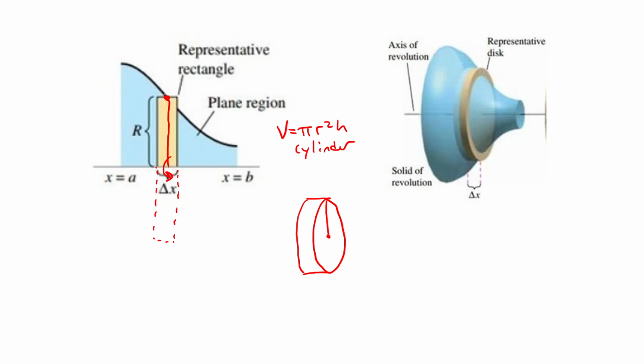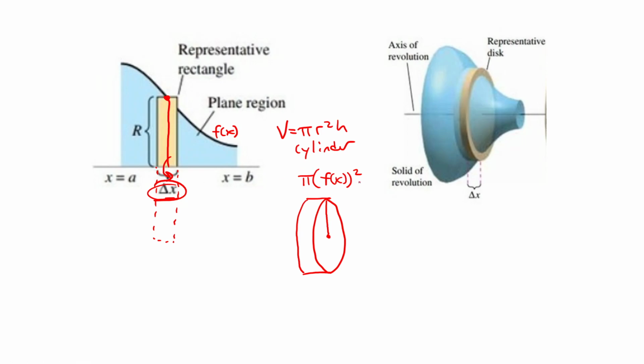And how do we figure that out? The height of the rectangle is given to us by the function that it is on. So let's just call this f of x. So the radius is f of x. The height of the cylinder is whatever change in x we decide to use. That's the width of the rectangle.